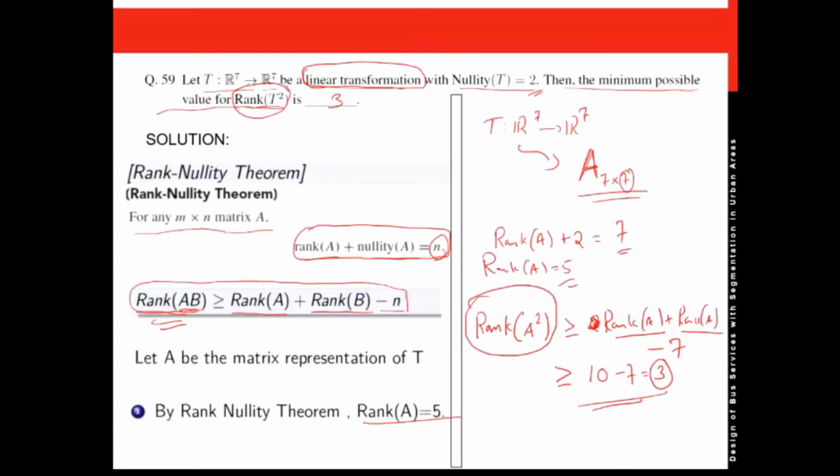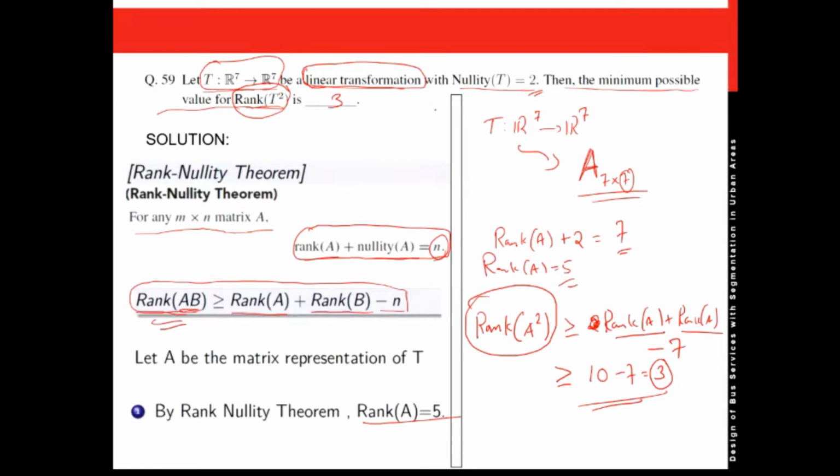So in this question, I told you that if you have any question related to linear transformation, you must do it using matrices. If you have any linear transformation, there must be an associated matrix.